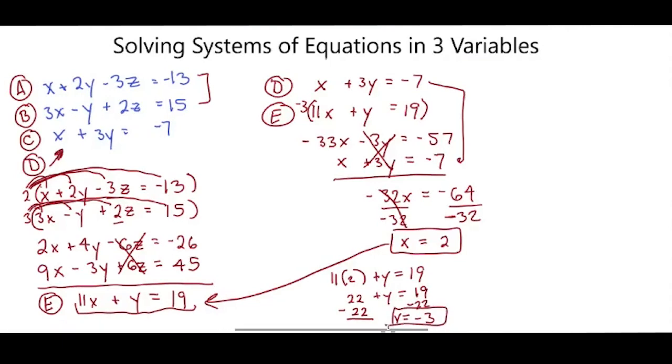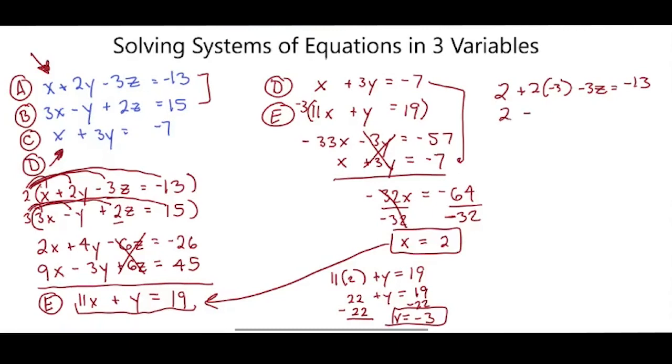All right, I have my x value and my y value. Now I want to find the z value. So I'm going to plug those into the first equation, equation A, to solve for z. So x is 2, so I'll rewrite this as 2 plus 2 times negative 3 minus 3z equals negative 13.